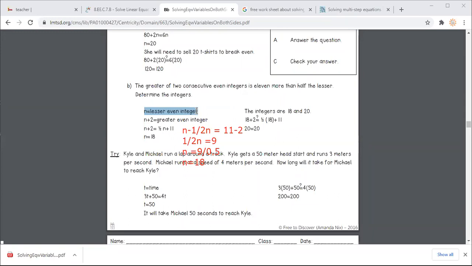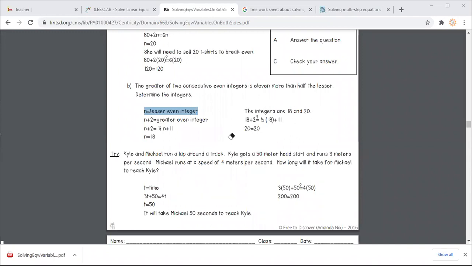And the greater number now, it will be how many? It will be 20, because we said n plus 2. So it will be 18 plus 2 equal 20.